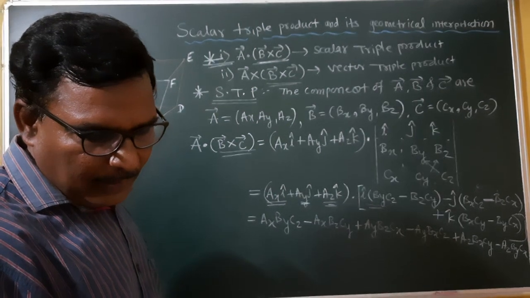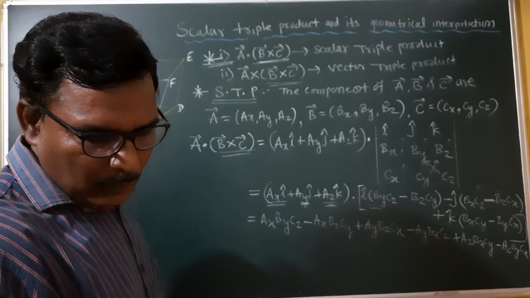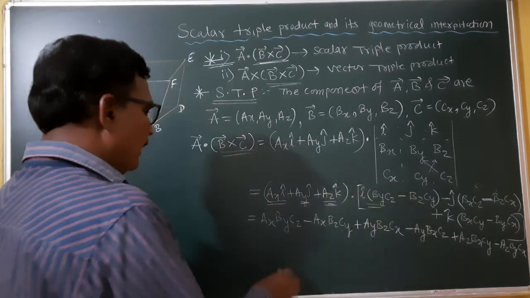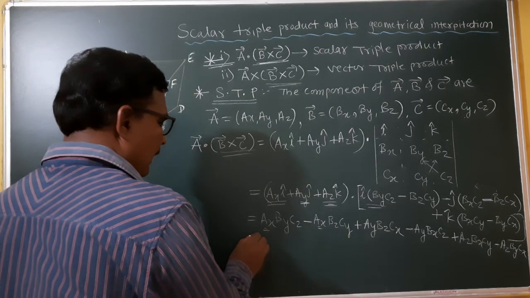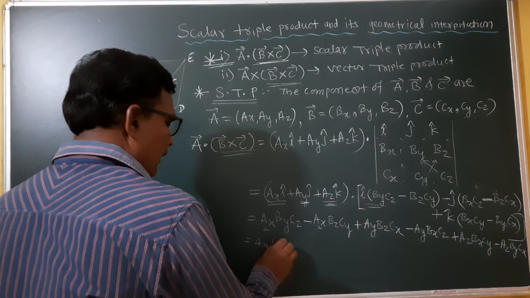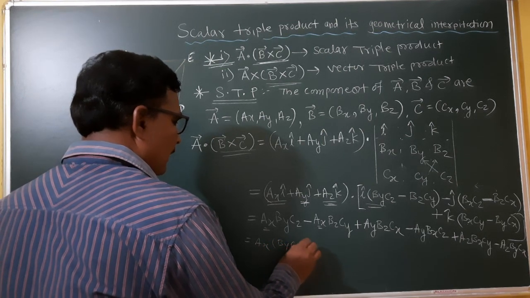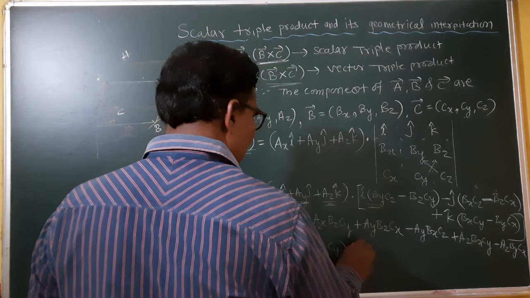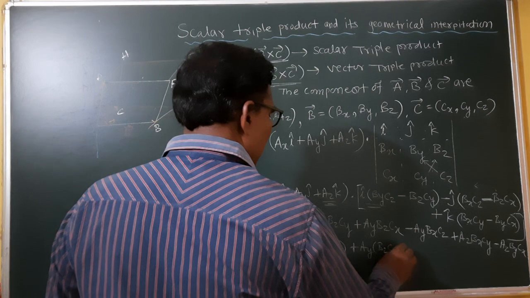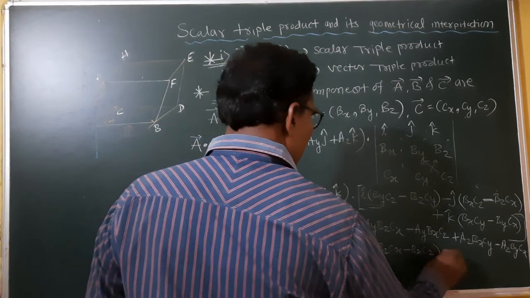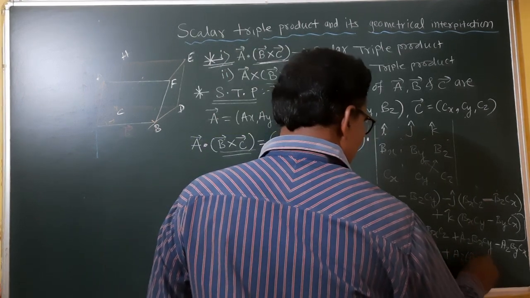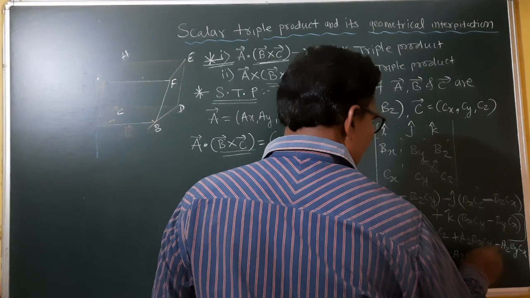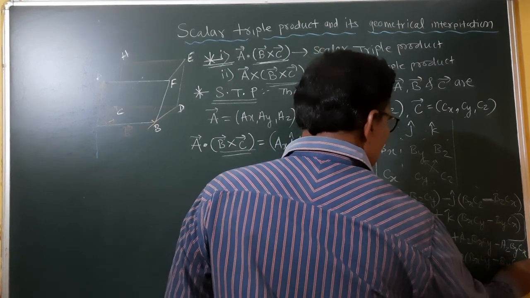Here we have to consider the common vector. We write ax into bracket (by cz minus bz cy), and then ay into bracket (bz cx minus bx cz), plus az into bracket (bx cy minus by cx).